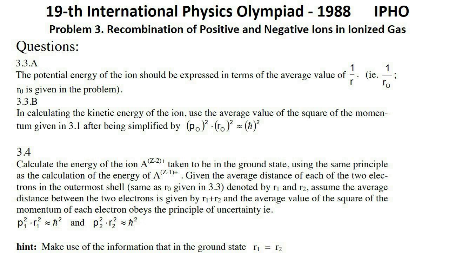That is P1 squared R1 squared approximately equal Planck constant squared and P2 squared R2 squared approximately equal Planck constant squared. Hint: make use of the information that in the ground state R1 equals R2.